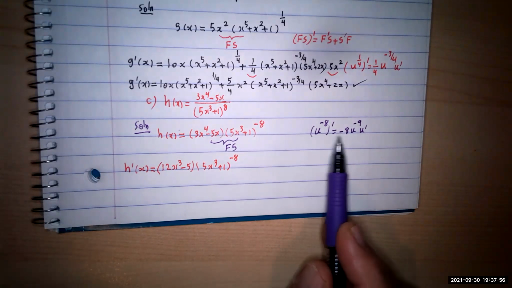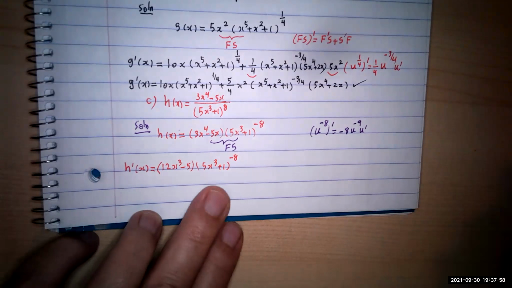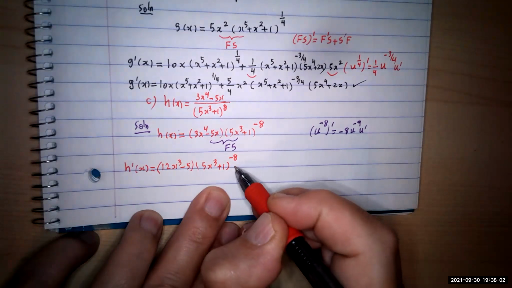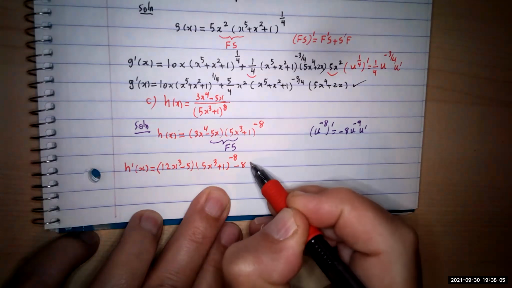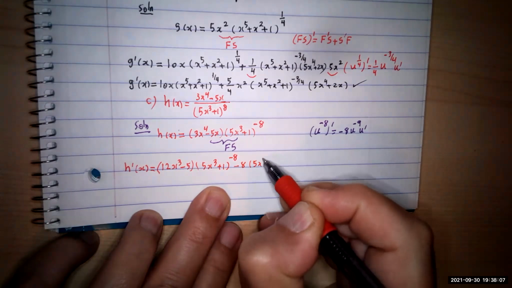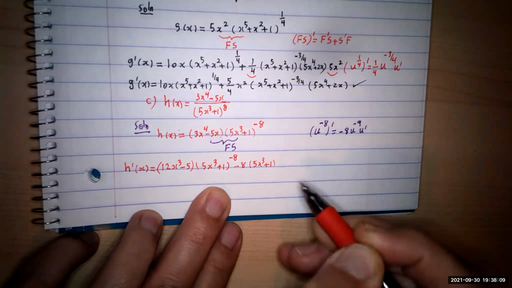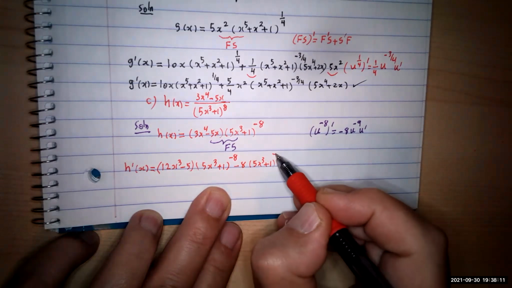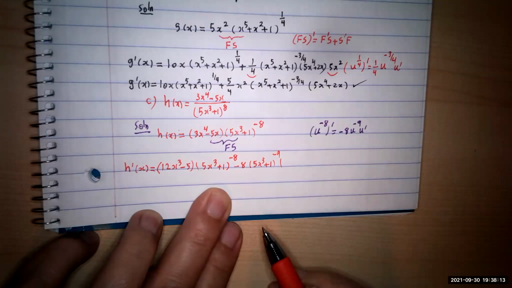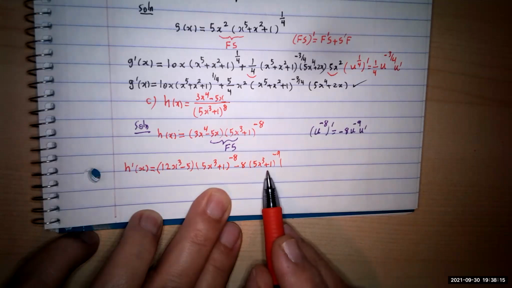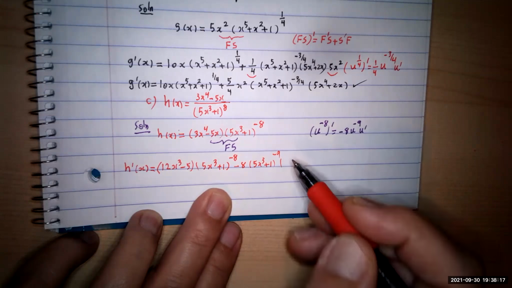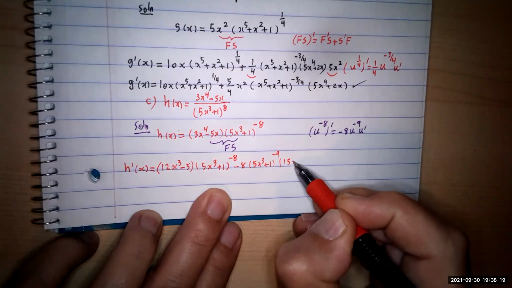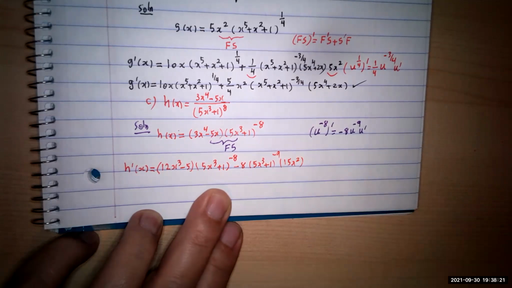Now you copy this formula. If you copy it here, it's going to be the derivative of the second one: bring the 8 down, negative 8, 5x cubed plus 1 to the negative 9, times u prime. U prime is the derivative of the inside: 3 times 5 is 15, 15x squared. So that would be the derivative of u to the negative 8.